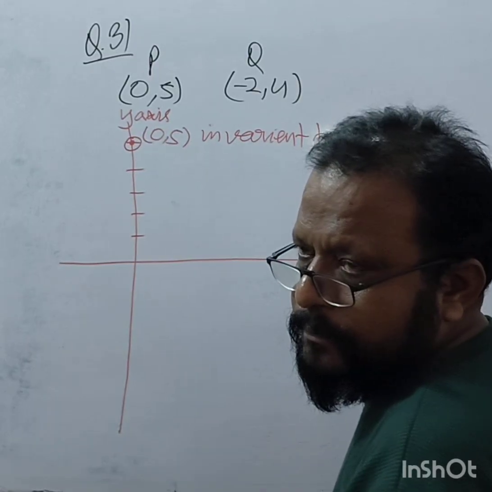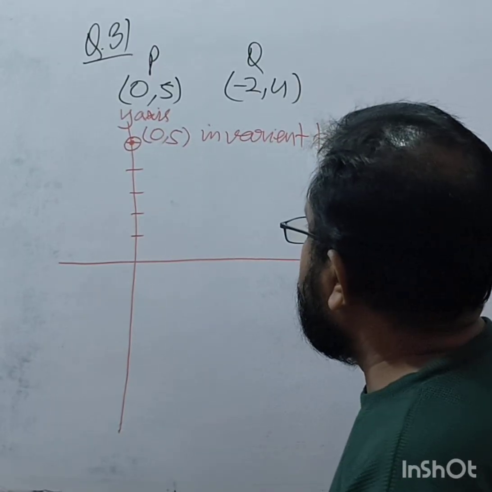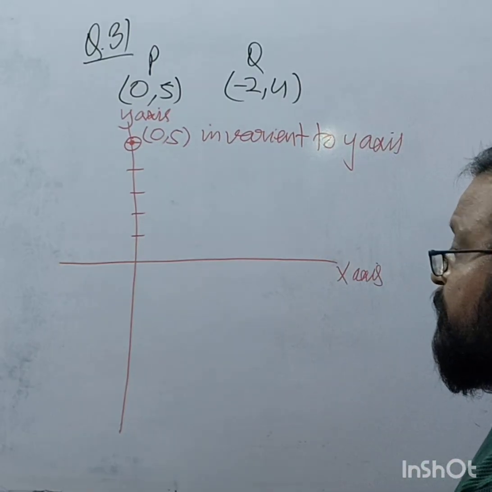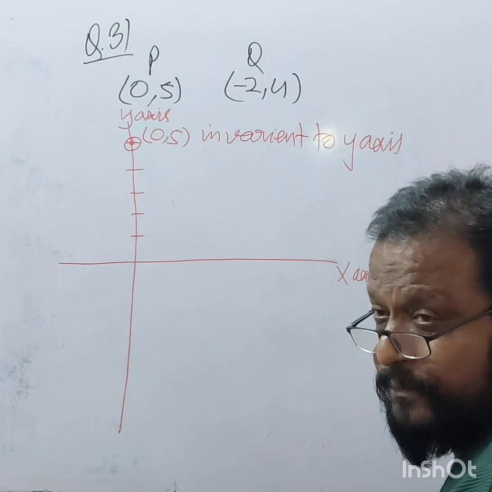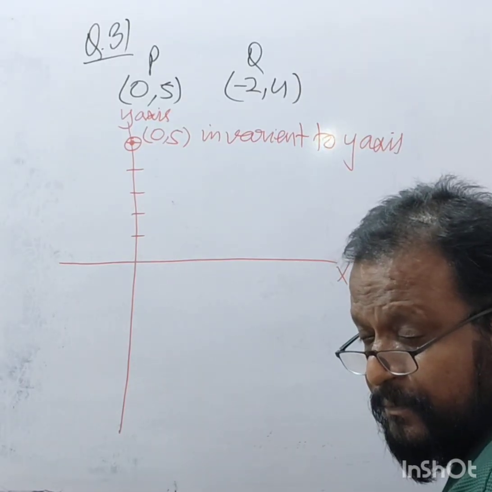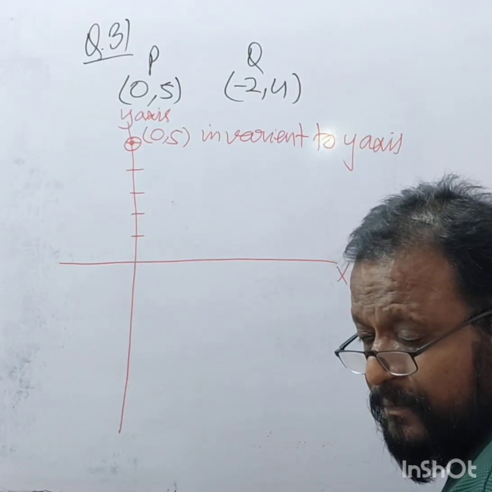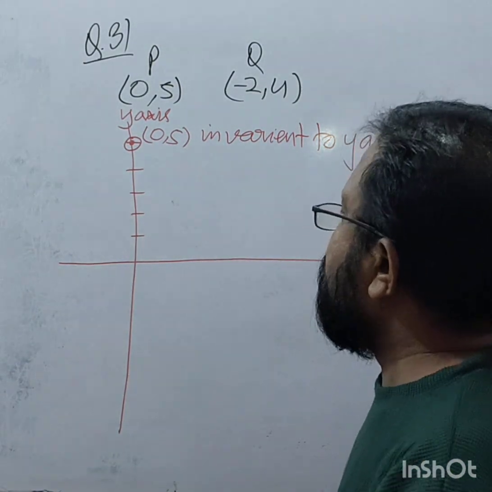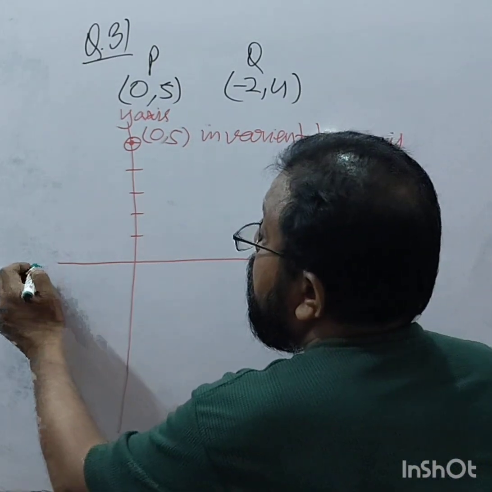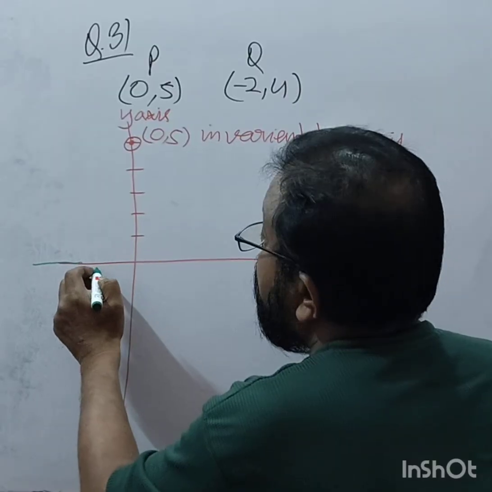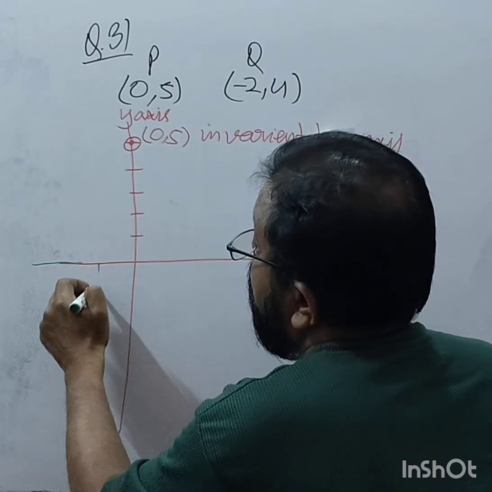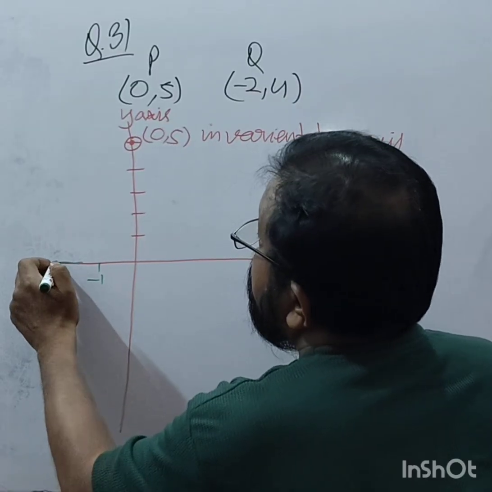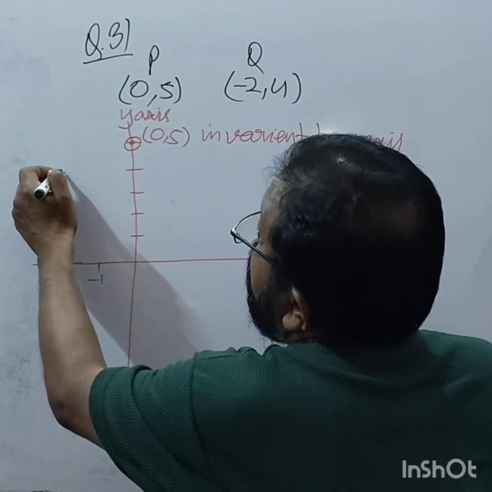Find the image of Q on reflection in the axis found in the first part.